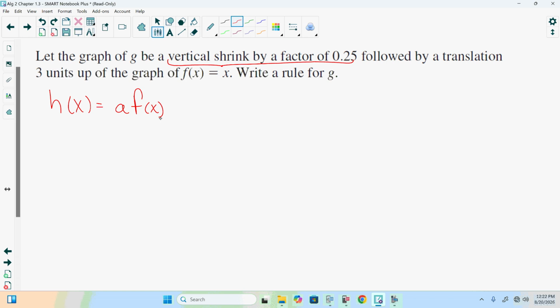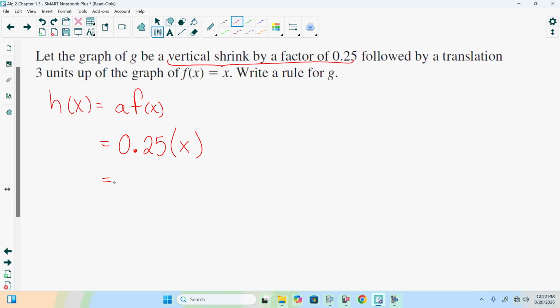And because it's a vertical shrink by a factor of 0.25, our vertical stretch or shrink in the general form is a times f of x, where a is the amount that we're stretching or shrinking the function by. Since it's a shrink by 0.25, it tells me that the value of a is 0.25. We can also replace f of x with what it's equal to, which is just x.